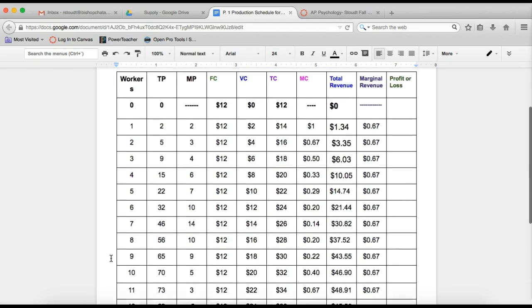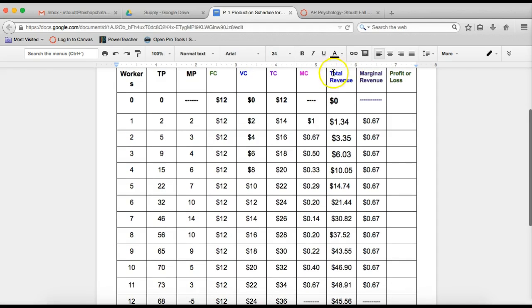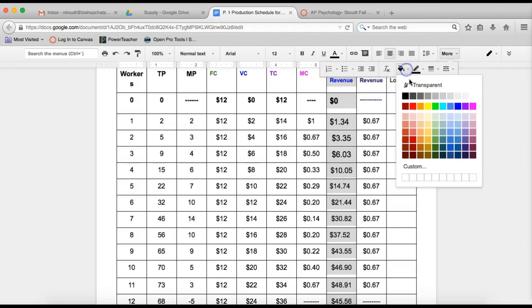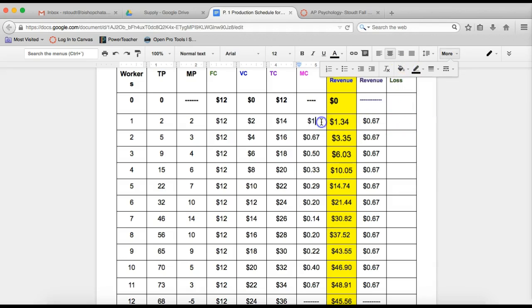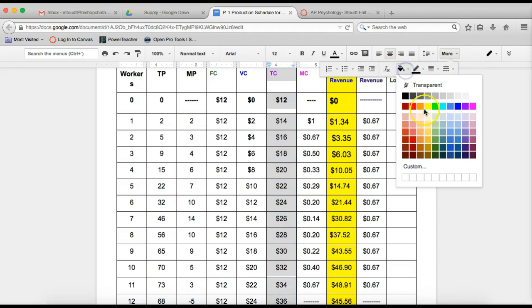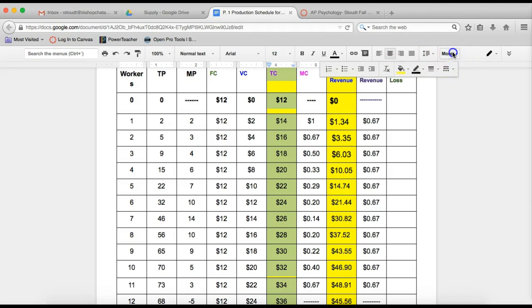So we're going to be looking at this column right here. I think I'm going to highlight that. And we're also going to be looking at this column right here. I know I can't really highlight them, but I'm going to highlight them to remind us these are the two columns we're looking at.